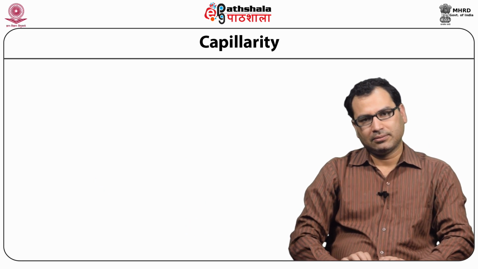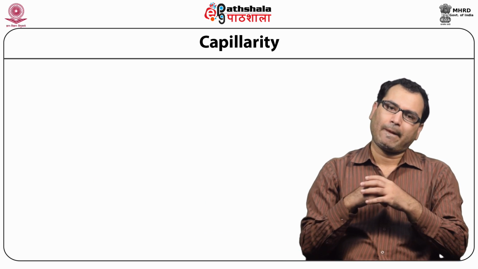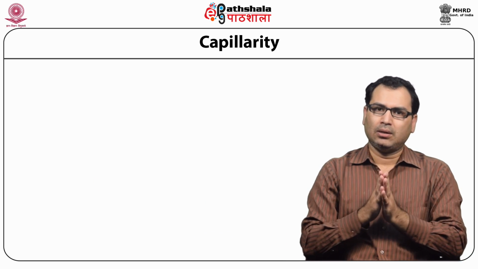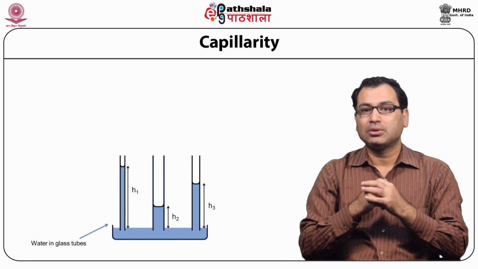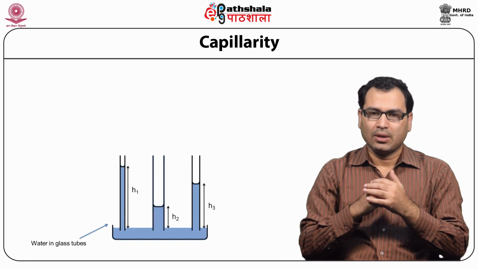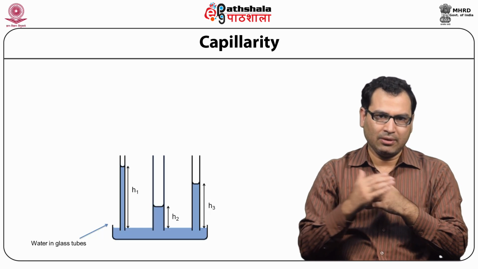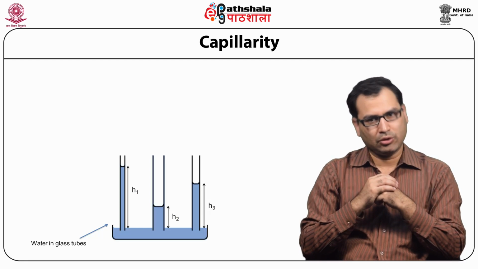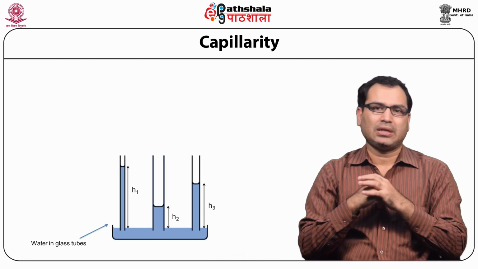Then capillarity. Capillarity is a property of the fluid in combination with, for example, glass tubes, where because of the surface tension, the level of rise of the fluid in glass tubes is different depending on the size of the tube.